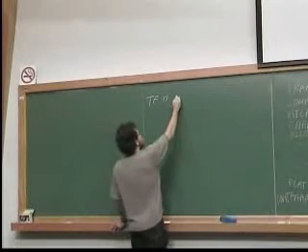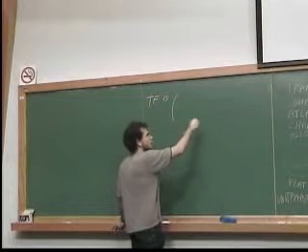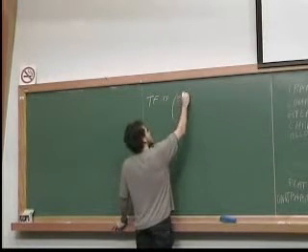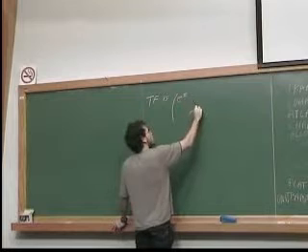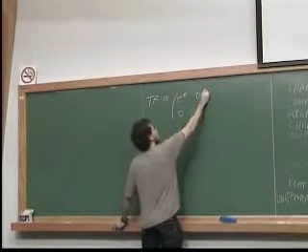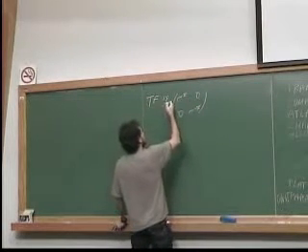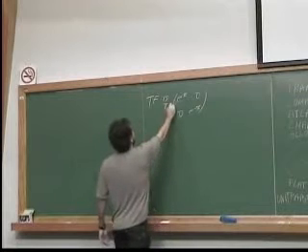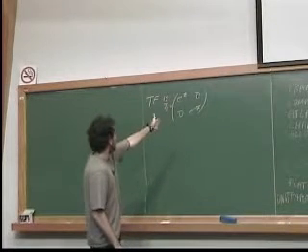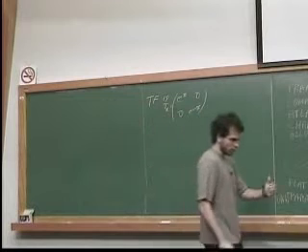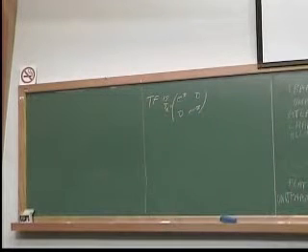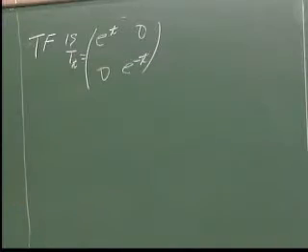It just corresponds to the SL2R action. You consider the matrix of this type. So the flow at time t acts by this matrix. So it's just the diagonal flow of the SL2R action. And this is what we're interested in.